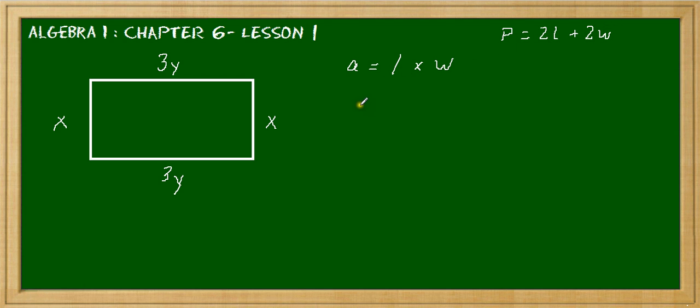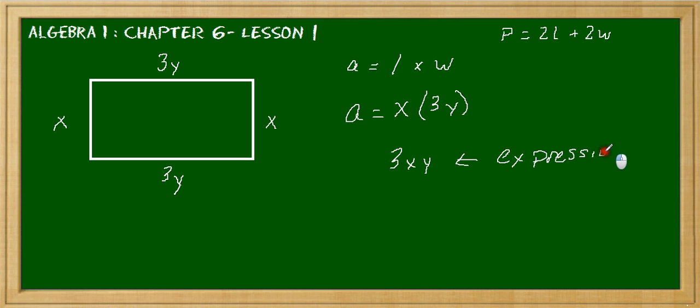Now, if we were to take the area, we would have to multiply. Area is equal to the length being x and the width being 3y. That's a little bit strange, but we would basically come up with the expression 3 times x times y, that would be 3xy. And that's an expression again.